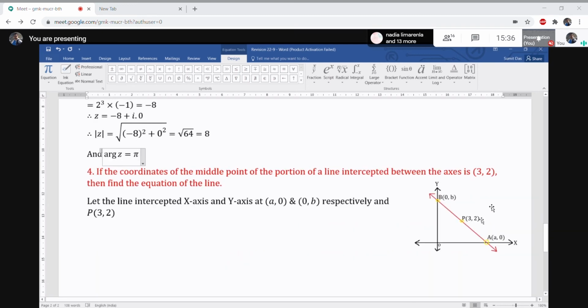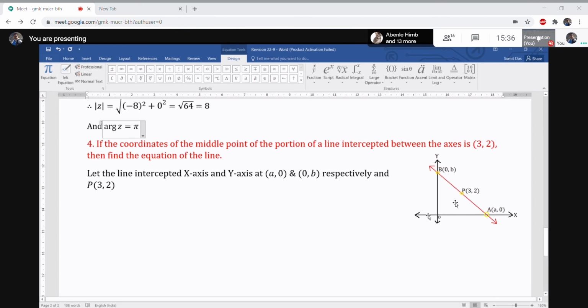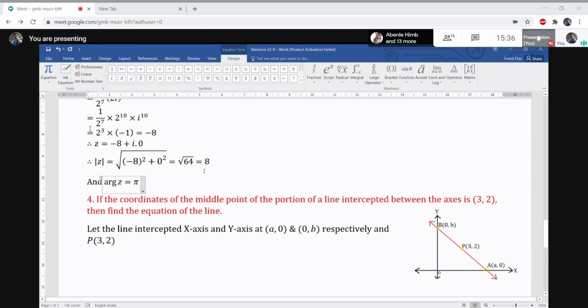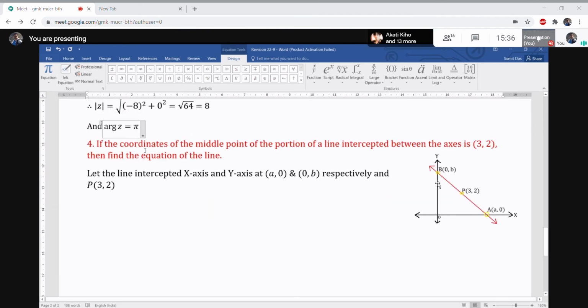Suppose I'm considering this diagram, we got z equal to minus 8. Minus 8 means the complex number is lying on the x-axis on the negative side. So how much angle is this negative side of the x-axis making with the positive x-axis? That means this full angle. Am I clear? The angle between the negative x-axis and the positive x-axis is pi.